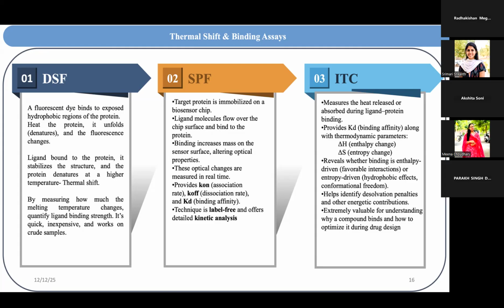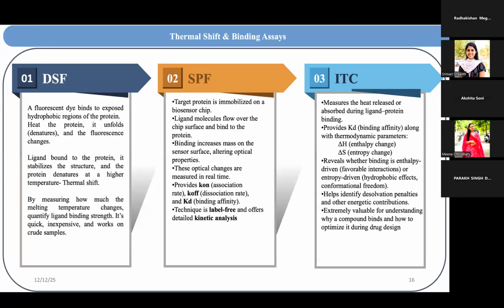And the next one, ITC, isothermal titration calorimetry. This is a direct measure of heat released or absorbed when a ligand binds to the protein. So we get the dissociation constant along with the thermodynamic parameters like entropy and enthalpy.